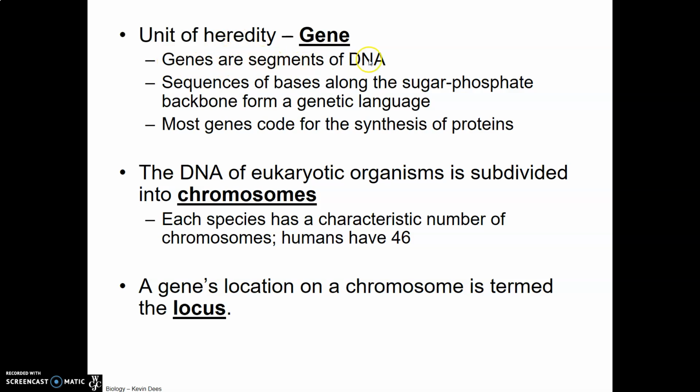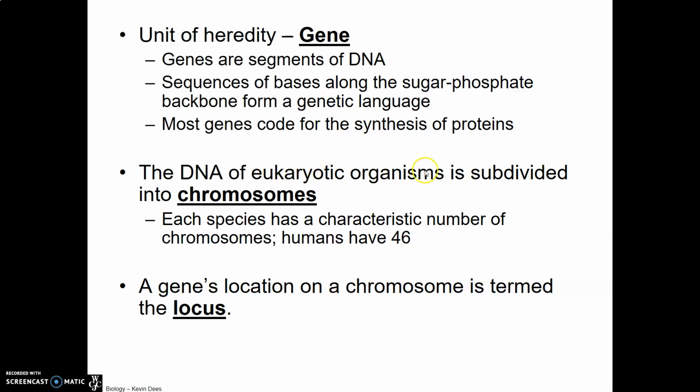Remember that genes are segments of DNA, and these are literally the sequence of bases along the sugar phosphate backbone that form our genetic language. Most genes code for the synthesis of proteins, and remember that the protein's shape is very important to their function, and ultimately the shape comes from the sequence of amino acids that builds the polypeptide.